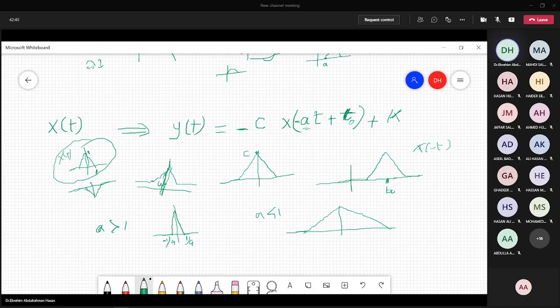Okay, then in general, we said that this one is going to invert the signal. What I have in the positive becomes negative. This is an inverter.